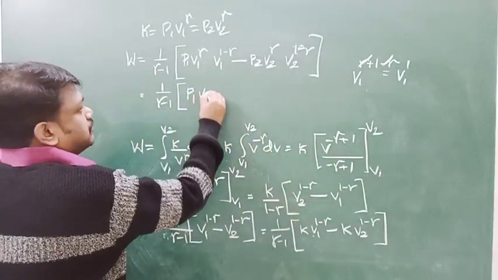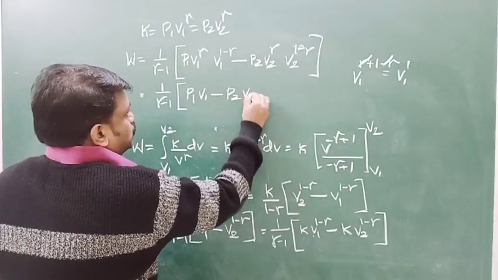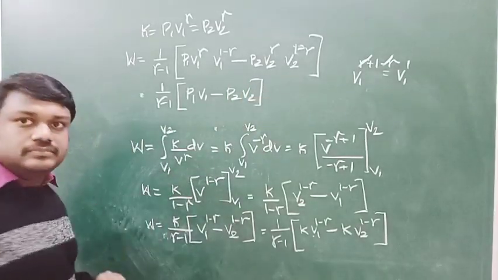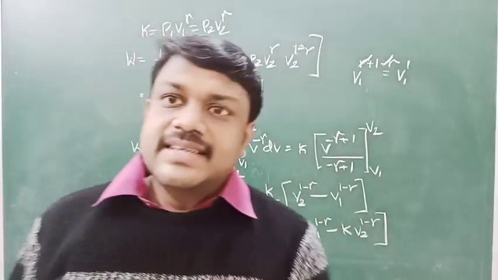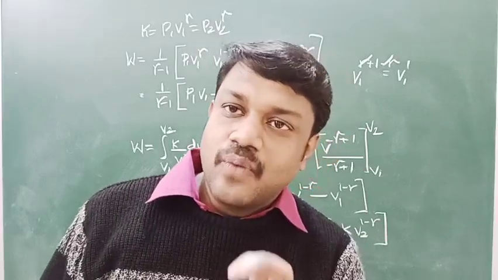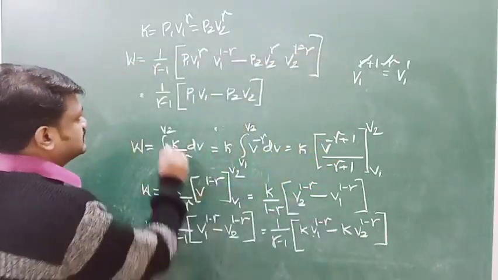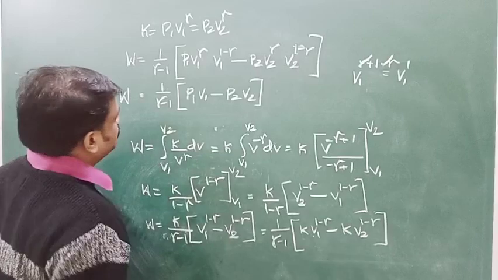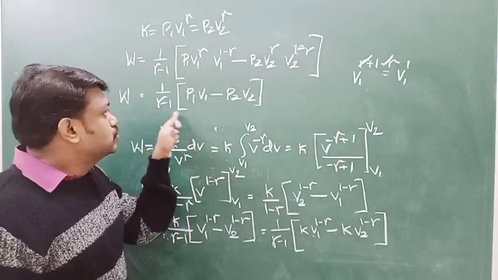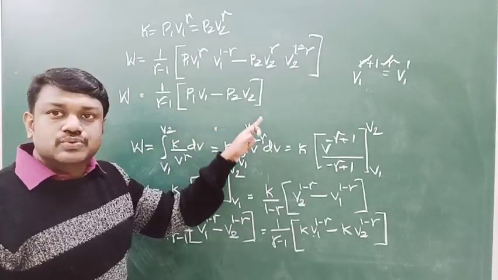So this is P1 V1 minus P2 V2. That is the simple equation for work done in an adiabatic process. That is W equal to 1 by gamma minus 1 into P1 V1 minus P2 V2.